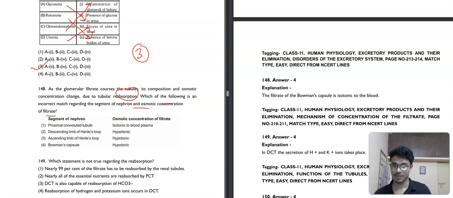The proximal convoluted tubule is isotonic to blood plasma, it is correct. Then descending limb of Henle's loop is hypertonic, ascending limb of Henle's loop hypotonic, and Bowman's capsule is not hypotonic. The filtrate of Bowman's capsule is isotonic to the blood. So the fourth option is our correct answer.